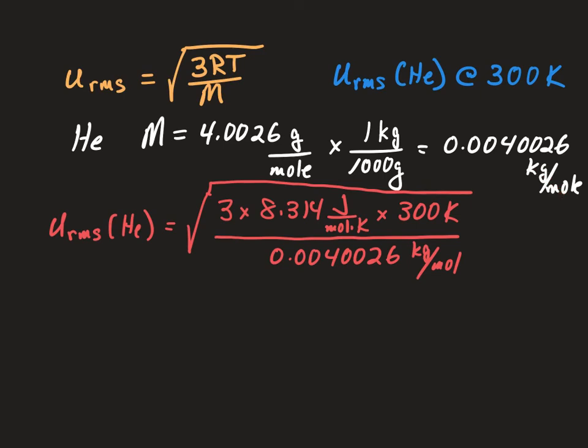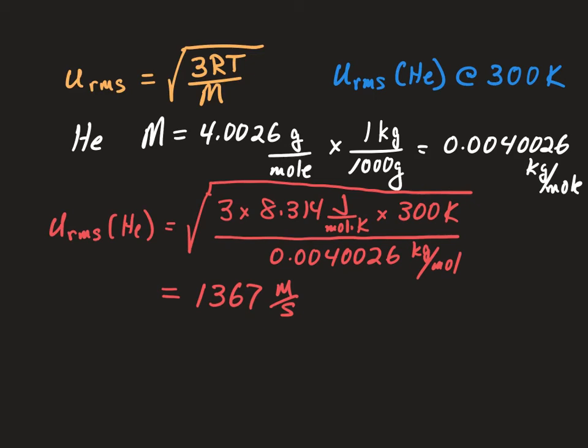And so if we put that into our equation, we get a root mean square velocity of 1,367 meters per second.